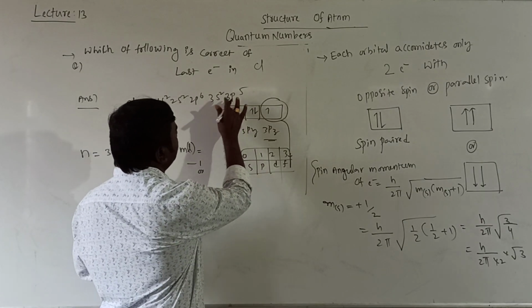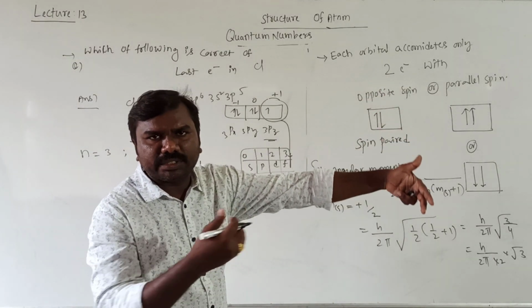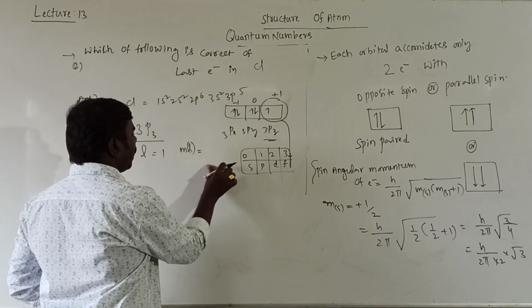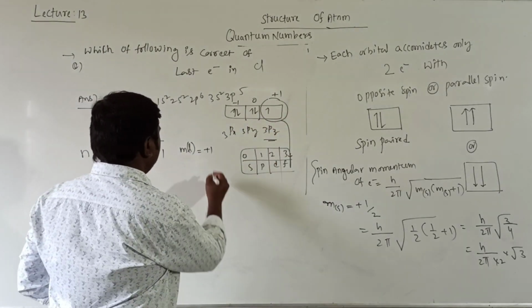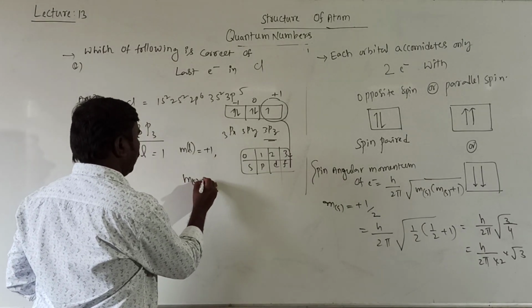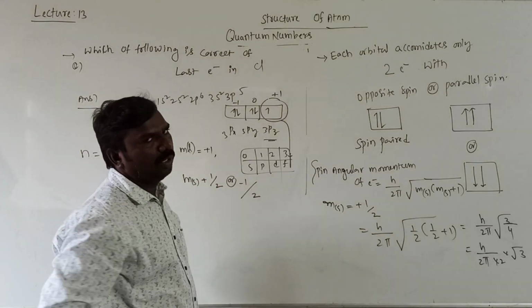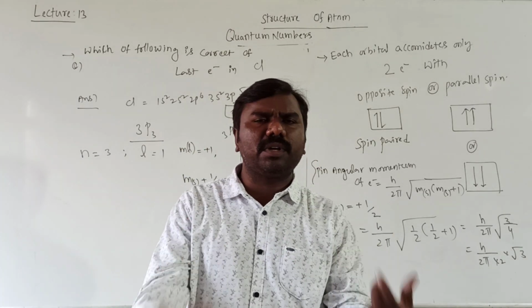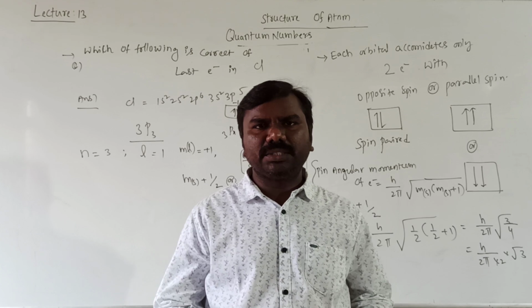So it is -1, 0, +1. Last one is +1, first one is minus. That's why we will consider it as plus, since they expect the last electron. S value may be +½ otherwise -½ also possible. No confusion for S value, whatever the value, +½ or minus. Like this you can easily find.